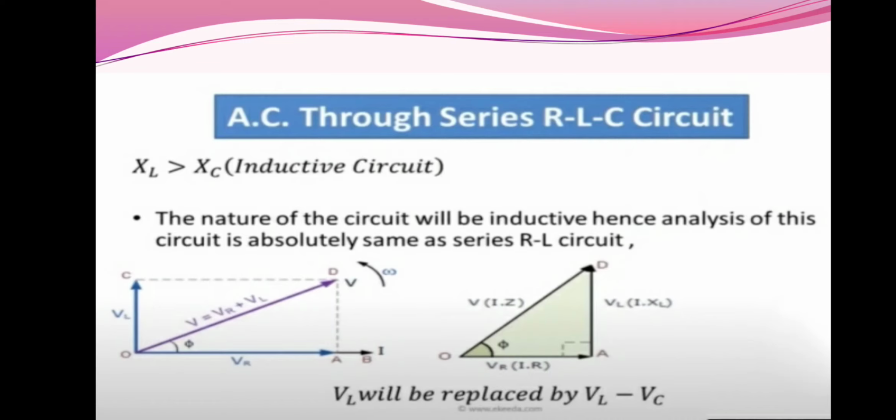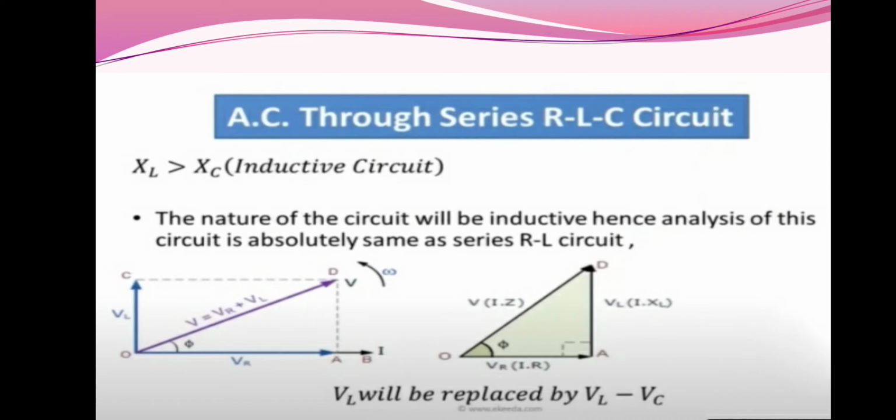So by combining all these three phasor diagrams, VR, VL and resultant voltage we will get. Here three conditions will be there. What is first condition? XL is greater than XC. So XL is greater than XC means VL is greater than VC. So VL minus VC we are taking here.